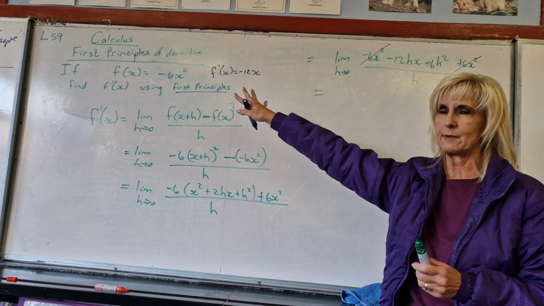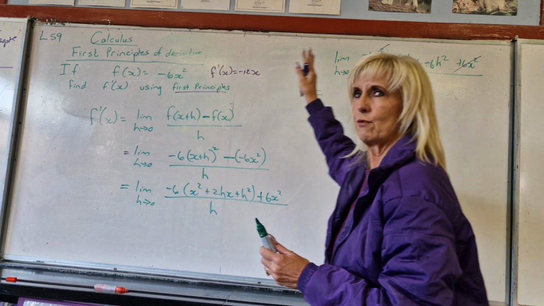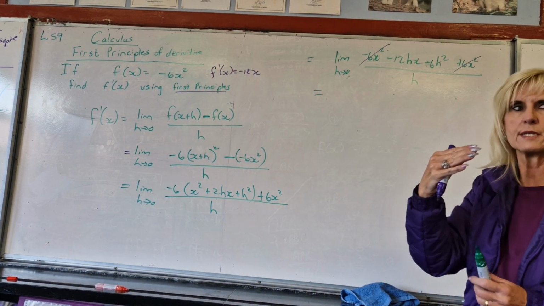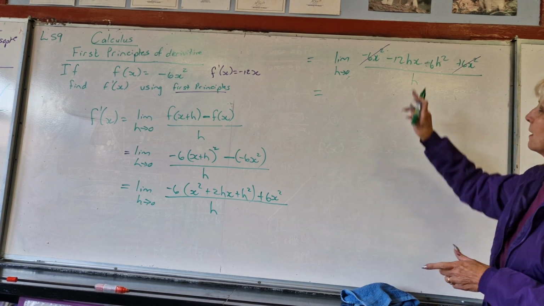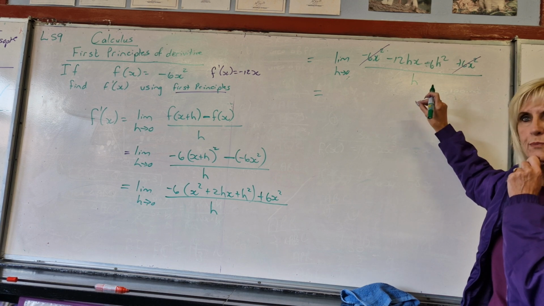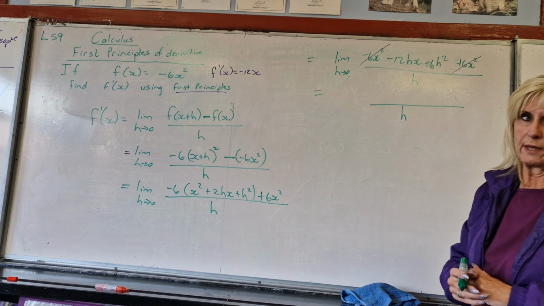It doesn't have to look the same as that. But if there were two terms here, and you rewrote it and simplified, there would be two things cancelling out. I'm saying it, but you're going to see it when you start practicing. And then what's left? Something that I still have to sort out with the h at the bottom. That's a problem. The sorting out of the h is always going to be.